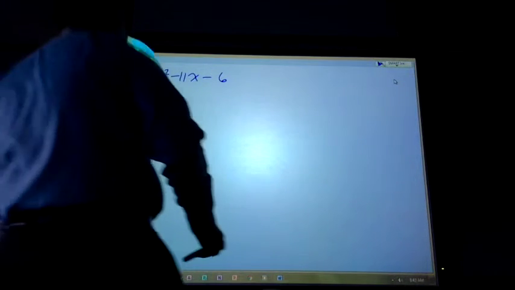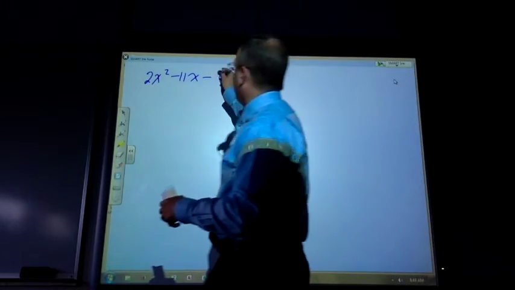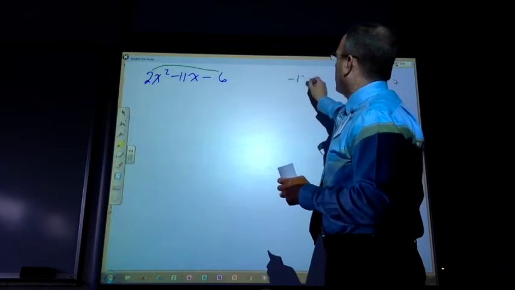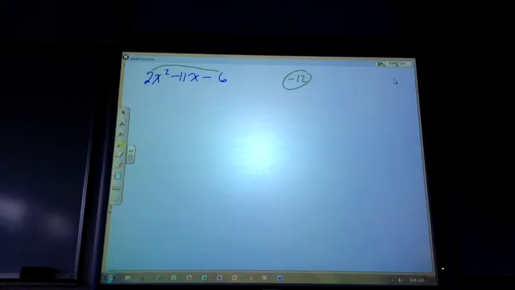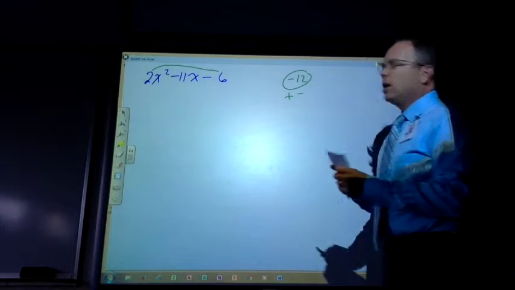Preston, what am I going to multiply together to figure out what's my magic number? 6 and 2. And what do you have to see with the 6? It's negative. So Preston, in order to get a negative, it's what? Same sign or alternating? Alternating. Okay. Bo.